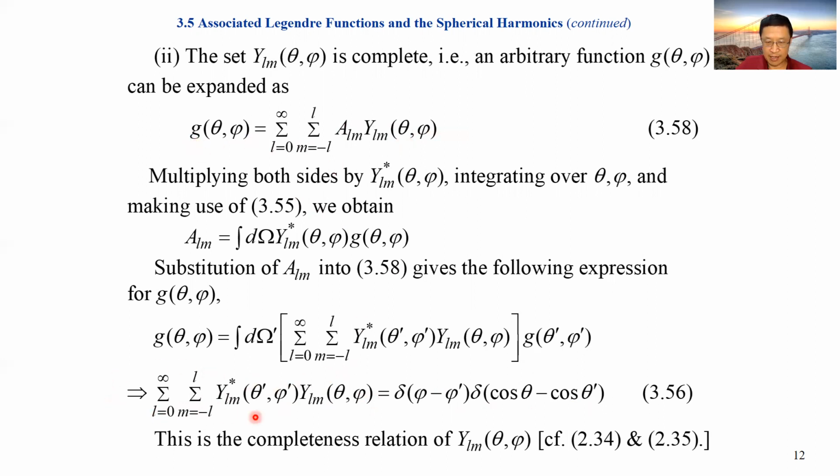Let's relate it to the spatial functions only, spherical harmonics only. Here I just tell you how an arbitrary function can be expanded in a complete function set. It's just a statement. But here is the completeness or closure relation.